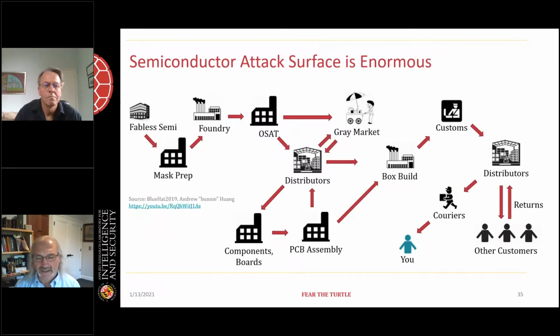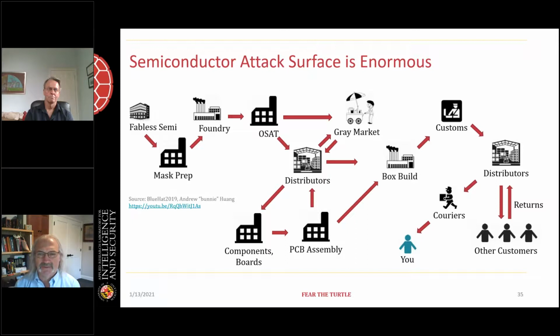This shows the entire semiconductor supply chain with all these different companies and data flow throughout the supply chain, starting at the fabless semiconductor company coming from the design and going through mask preparation, through foundries, through assembly and test, into distribution, building, putting them on boards, putting them in systems, and shipping them all around the world.